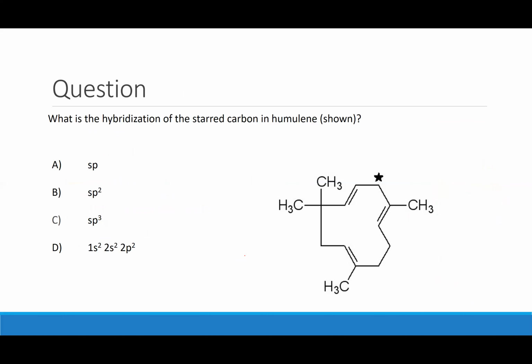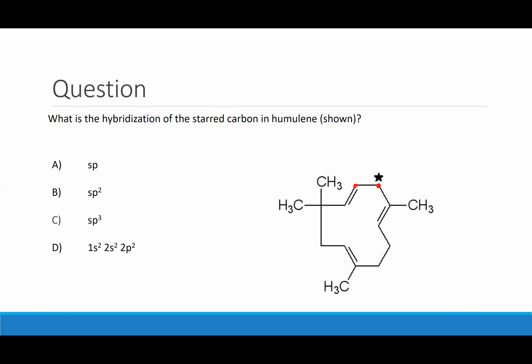Okay, so let's do a practice to identify the hybridization of an atom. Remember, the key to the hybridization is all about how many atoms it's connected to and how many lone pairs it has. So here's a carbon that has been starred, and I want you to identify its hybridization. In this case, remember in our line structures, we know this is the carbon.